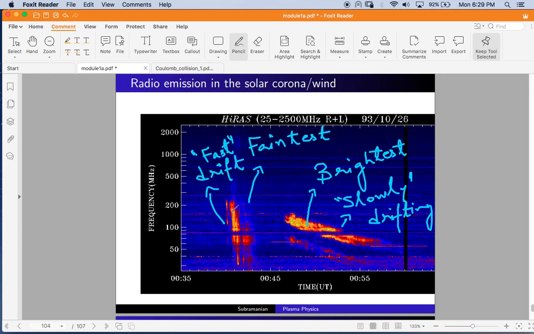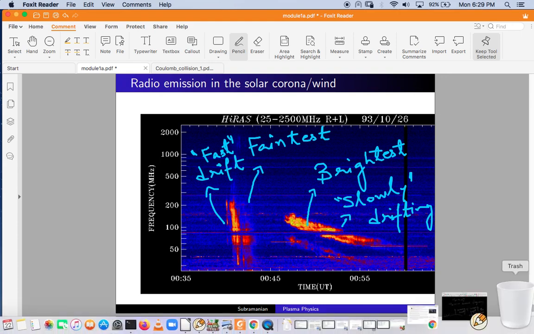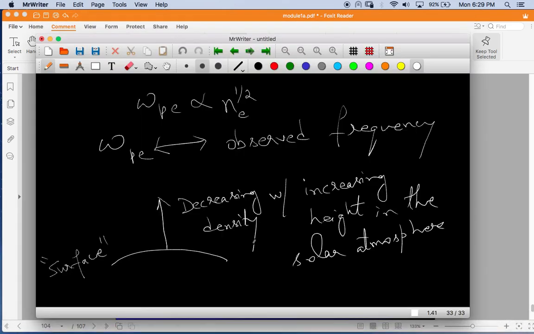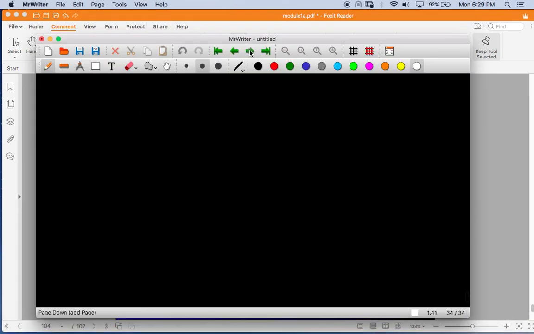So from delta y over delta x, or dy over dx, you can get an estimate of the speed at which this exciter is drifting. Turns out that these represent beams, fast drifting structures such as this.